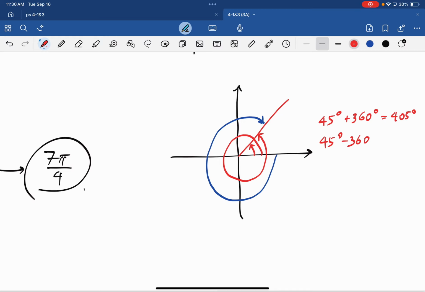That's kind of the equivalent of going 2 pi, another rotation around the circle, or going backwards. So these would be two coterminal angles. In radians, what would this be? Pi over 4 plus 2 pi, which is 9 pi over 4, or pi over 4 minus 2 pi, which is negative 7 pi over 4.